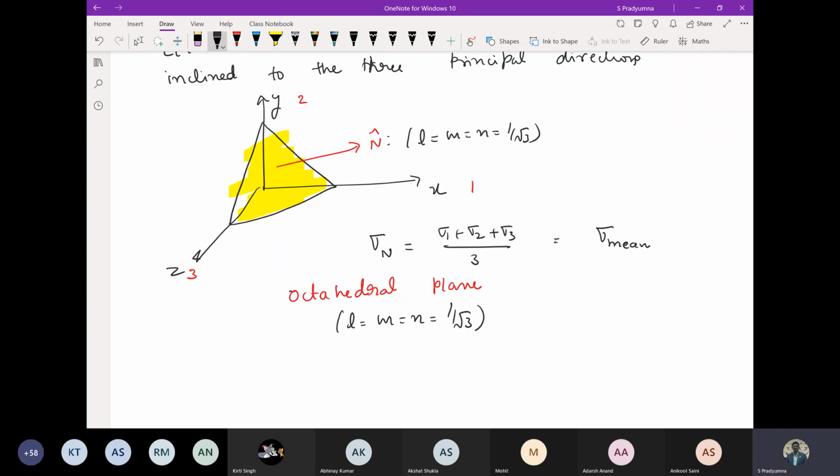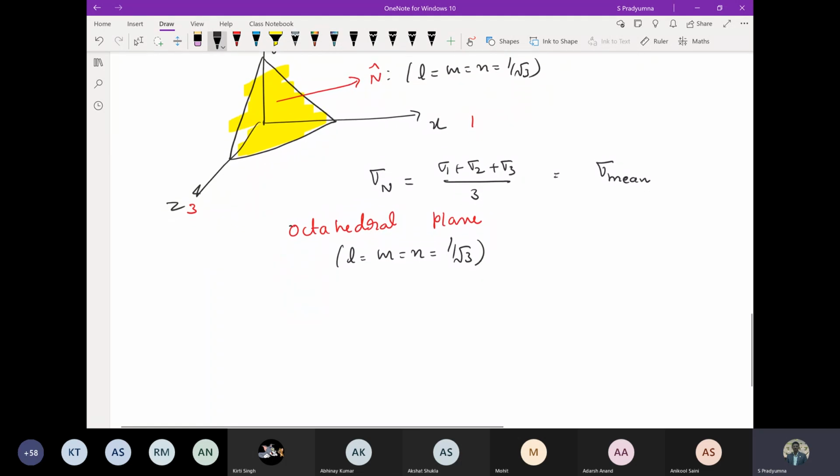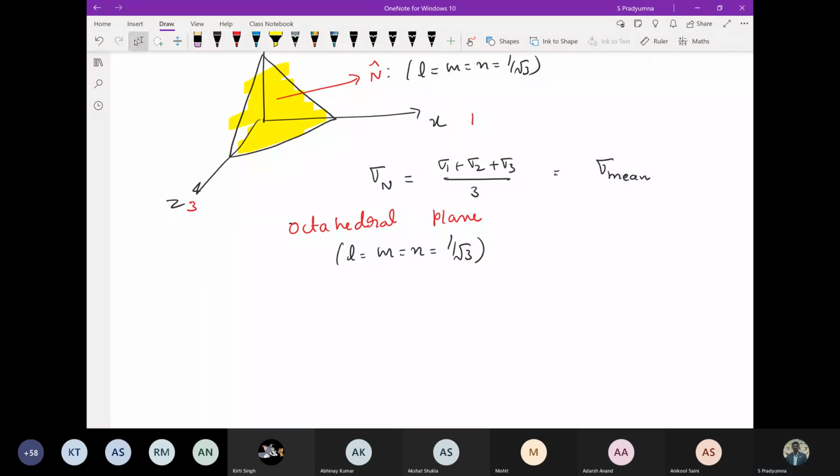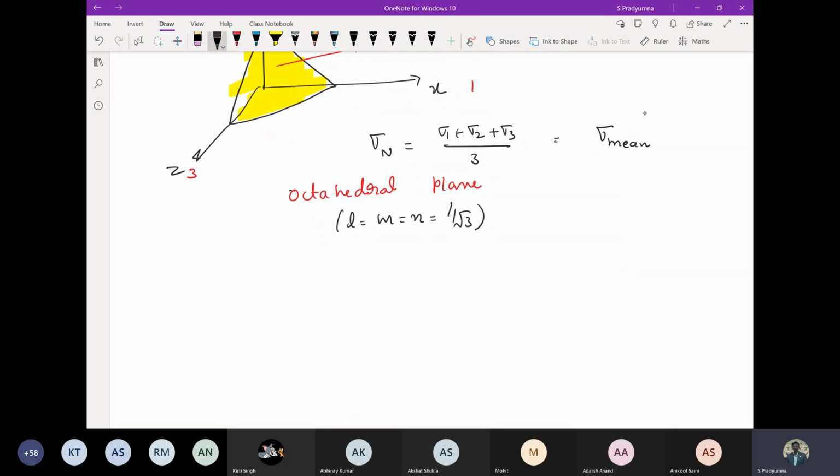Okay. So how many planes will be there as such? There will be 8 such planes, right? So there will be 8 such planes. For example, I can draw the figure. So like this.